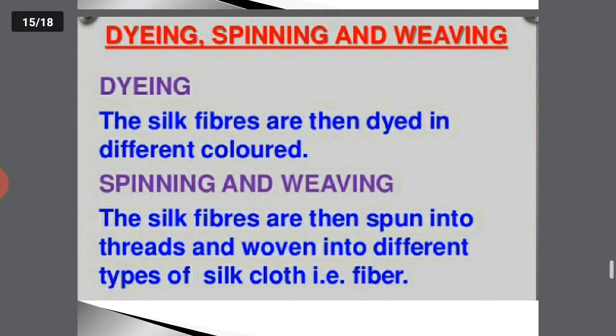Dyeing, spinning and weaving. The silk fibers are dyed in different colors as per demand. Then the silk fibers are spun into thread and woven into different types of silk cloth.